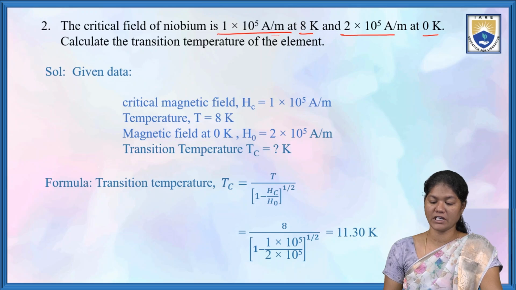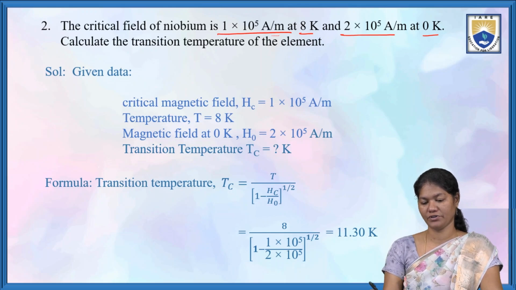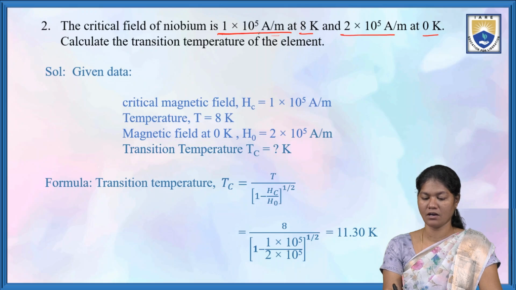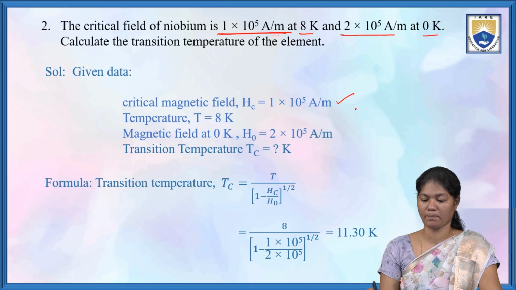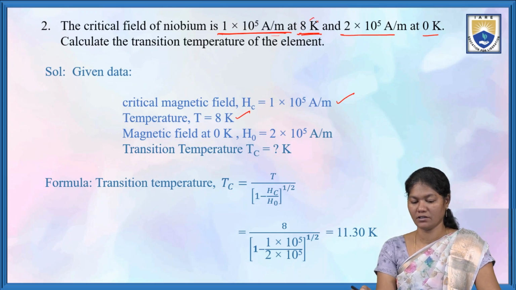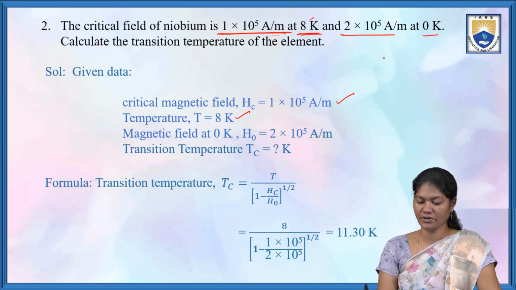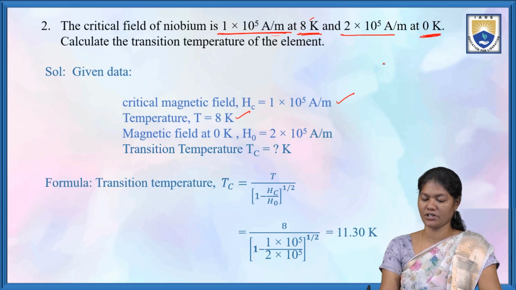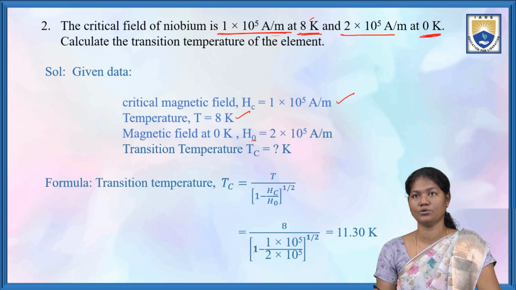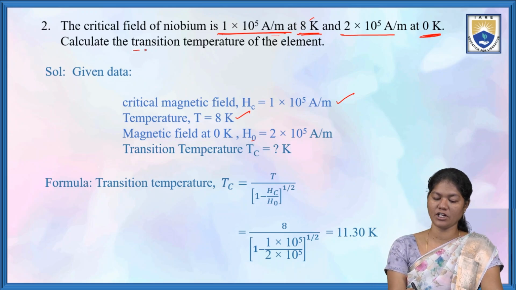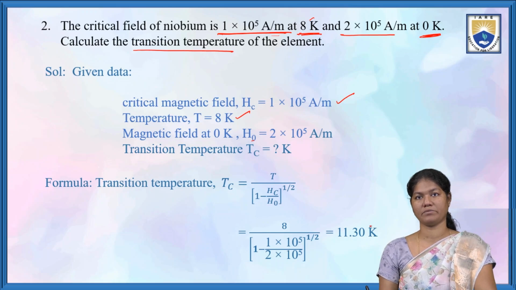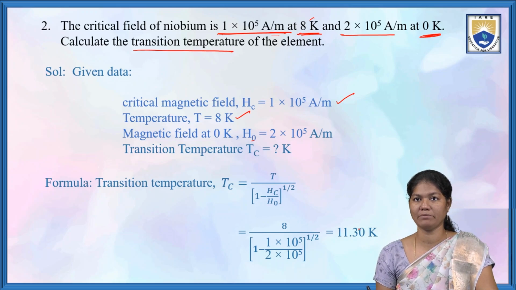So, the given data: the critical magnetic field Hc is 1 into 10 power 5 ampere per meter, the temperature T is equal to 8 degree Kelvin, and the magnetic field at 0 degree Kelvin, H naught, is equal to 2 into 10 power 5 ampere per meter. We need to calculate the transition temperature or critical temperature of the element, Tc.